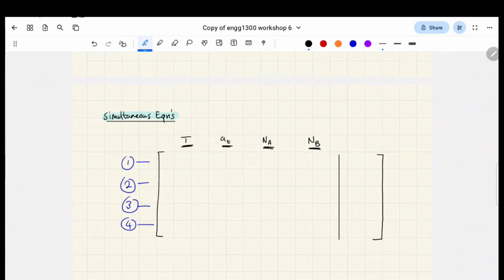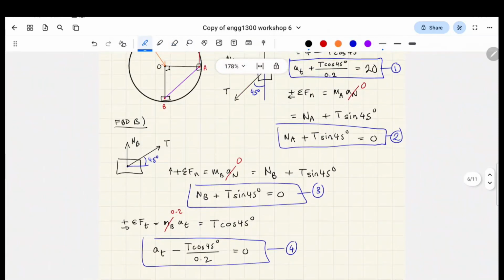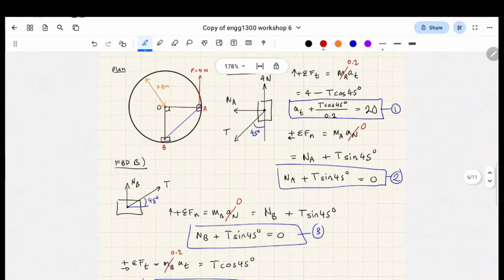We're going to have the constant in front of each variable listed in each of the grids. So for T, on equation 1, the constant is cos 45 over 0.2.